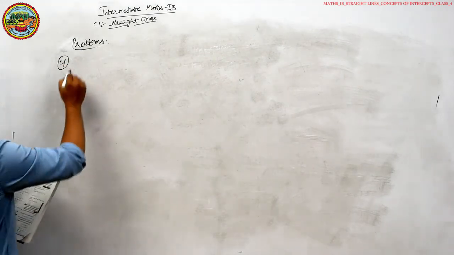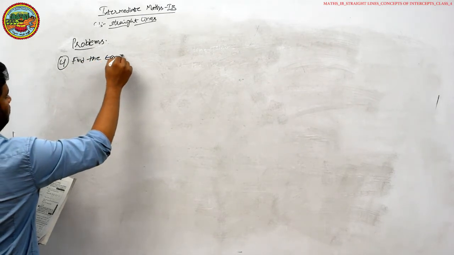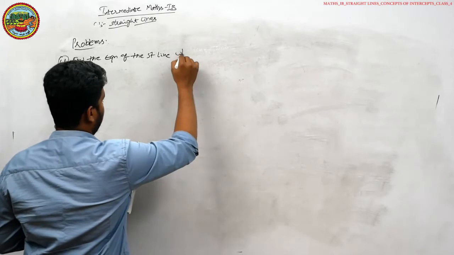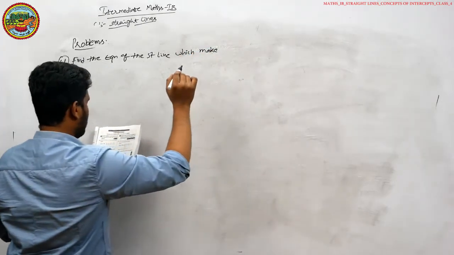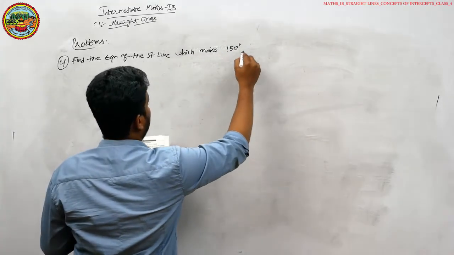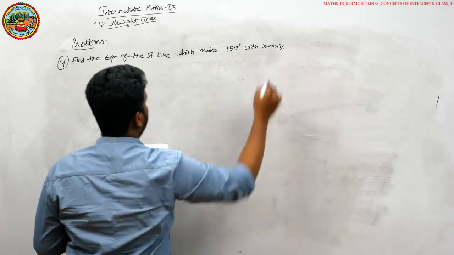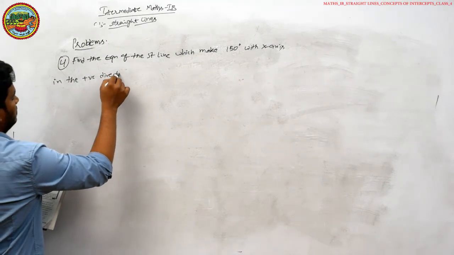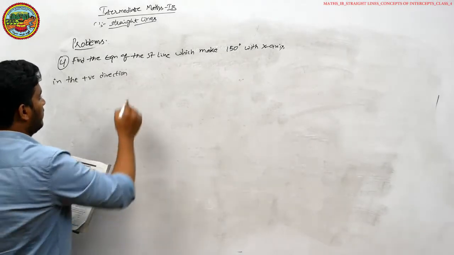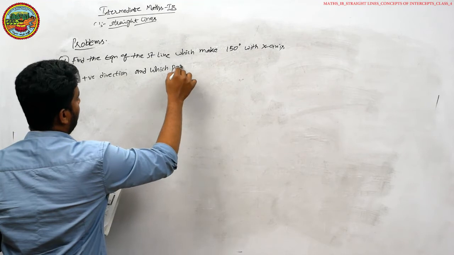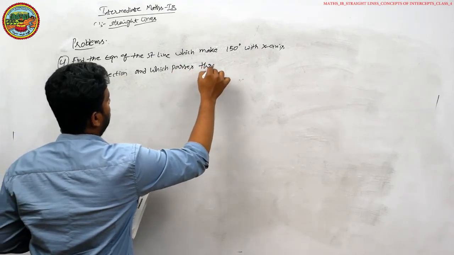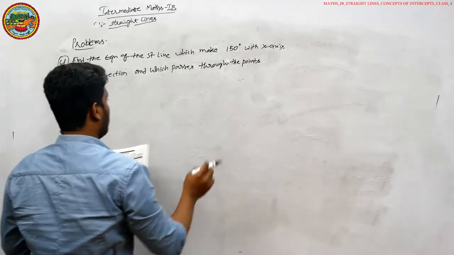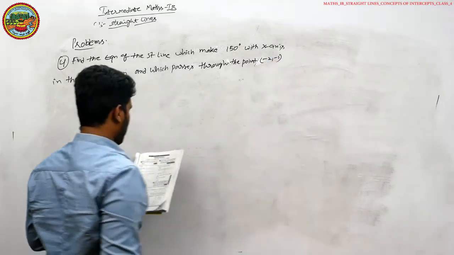Find the equation of the straight line which makes a 150 degree angle with the x-axis in the positive direction, and which passes through the point (-2, -1).